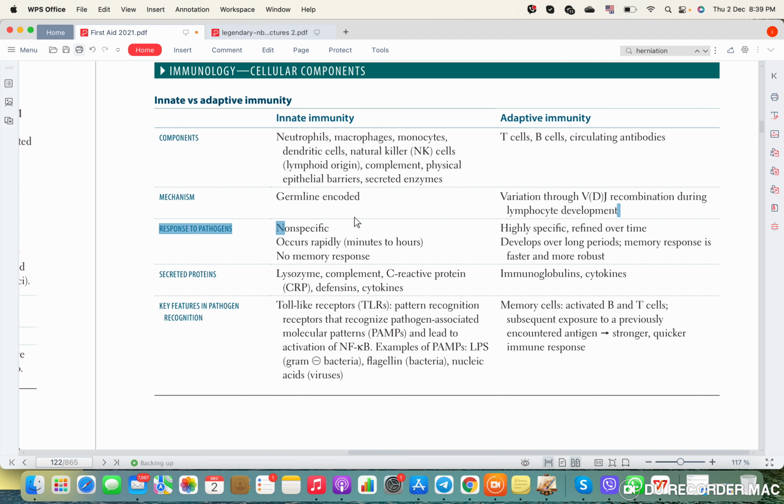And it can have secreted proteins, including lysozymes, complement, C-reactive protein, defensins, and cytokines. Well, basically, these are produced systemically, which can protect your body against infections with various mechanisms.